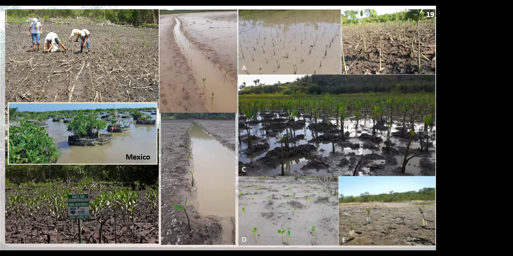So the guides of Mexico have used this methodology to raise the plants in nuclei. This methodology is called nucleation, where the mangroves remain out of the water and can grow, and after that keep pace with the levels of the water, of the tide.